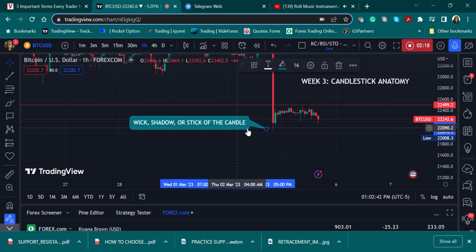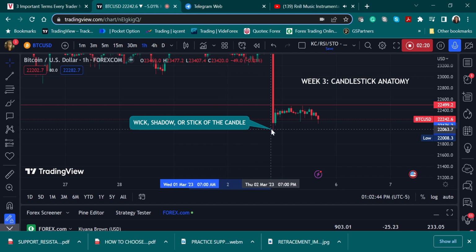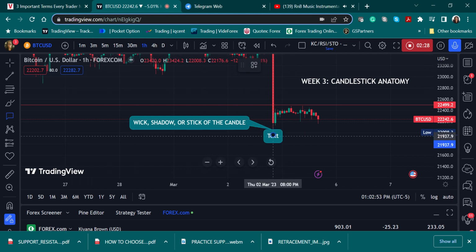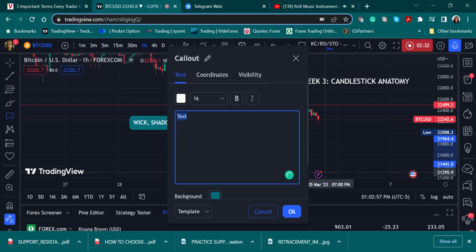So that's the wick, and this right here will be considered the lower price point.